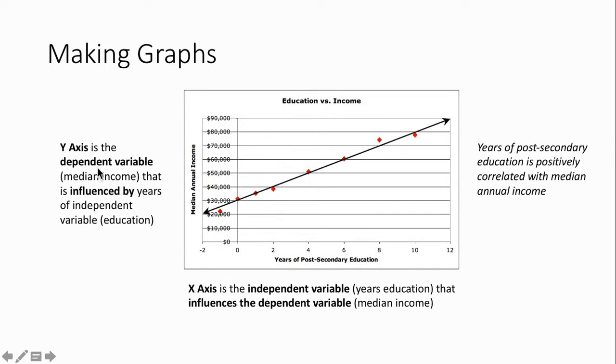So, this is your y-axis. This is your x-axis. So here it's showing years of post-secondary education is positively correlated with median annual income. So it's the independent variable that influences the median income.